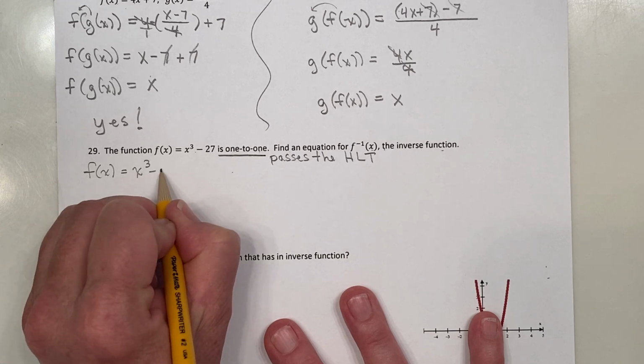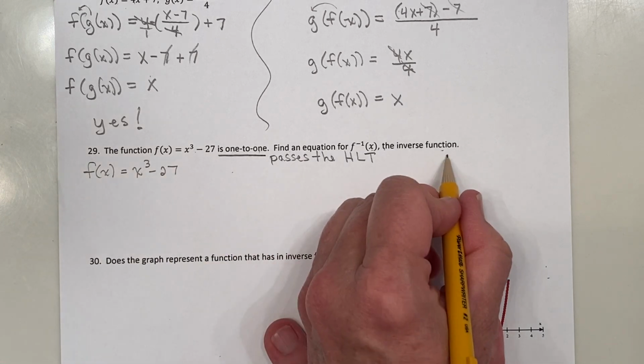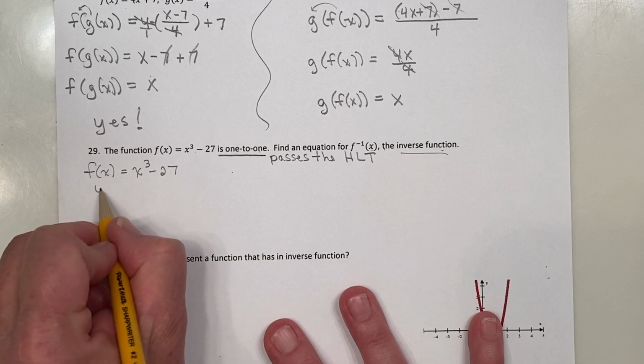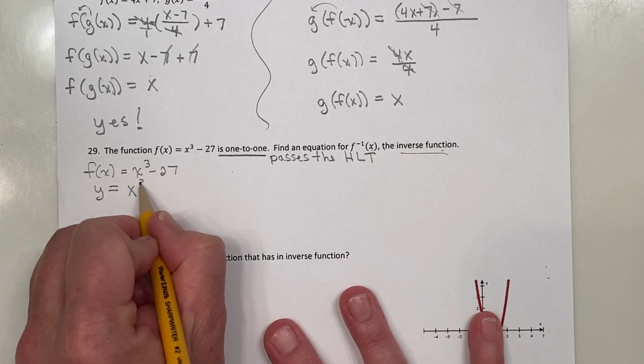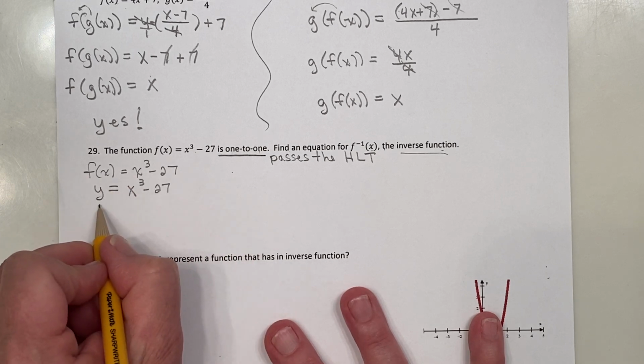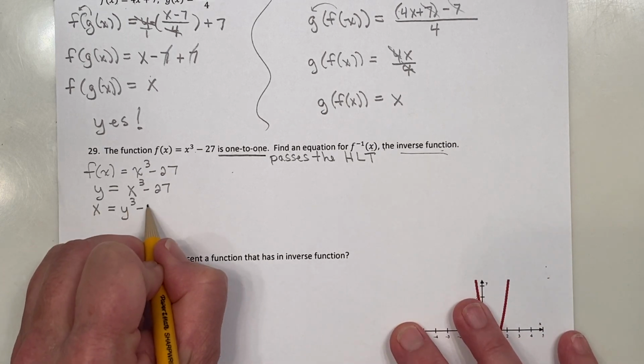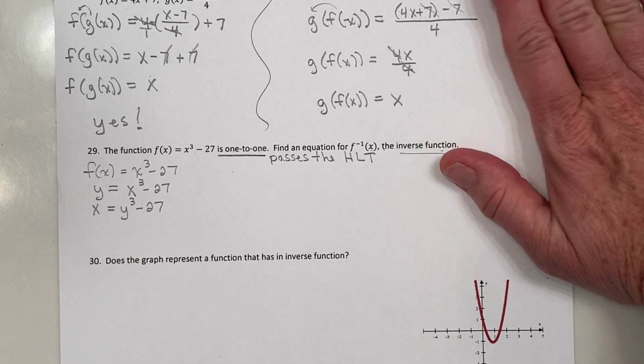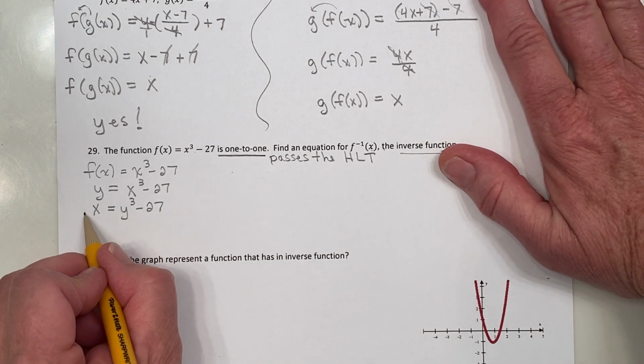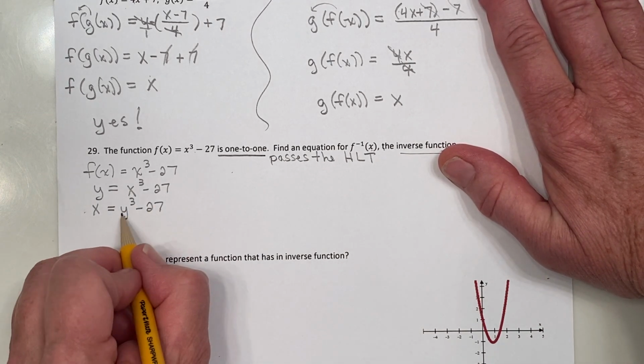This was 2.7. To find the inverse function, we let f of x be y, if it wasn't already. And then inverse functions have the property that we switch the x's and the y's. And then we solve for the new y. So I'm going to have to add the 27 to the other side and take the cube root to get y by itself.